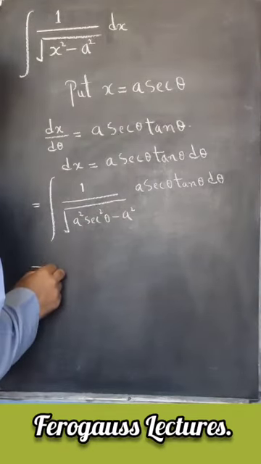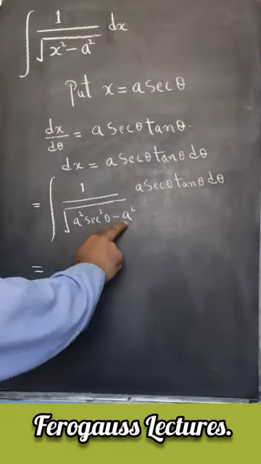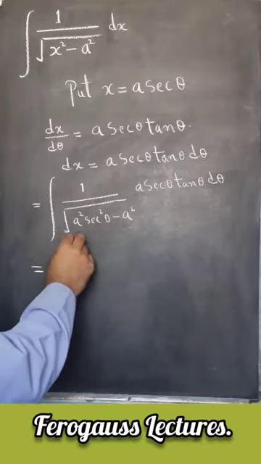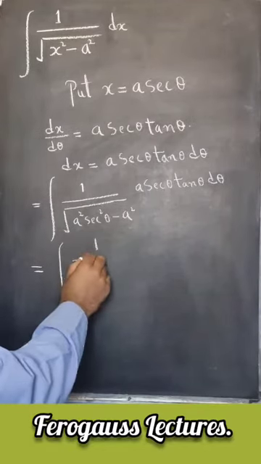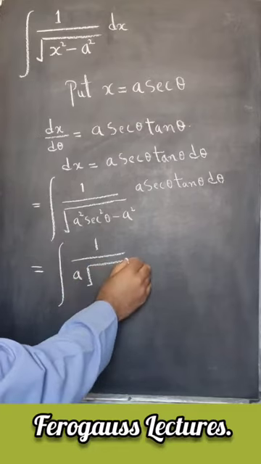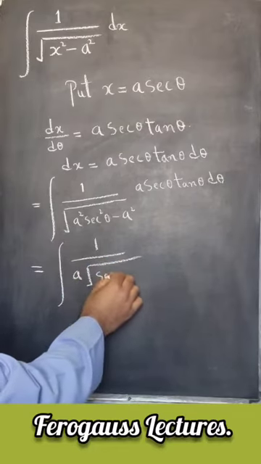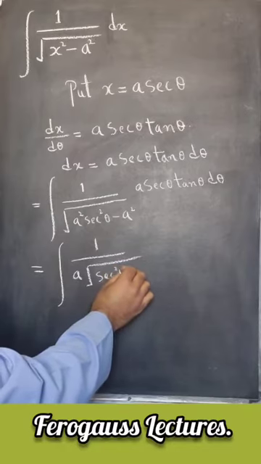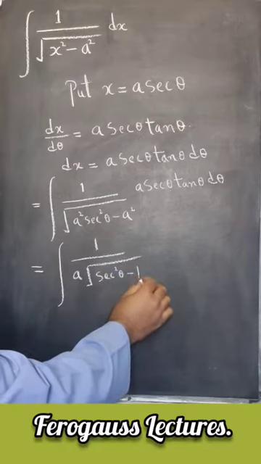That is further equal to, now we can take a square common, so we get 1 by a square root of secant square theta minus 1.